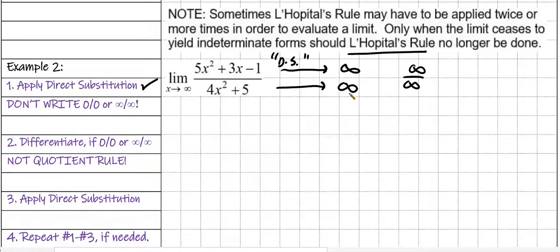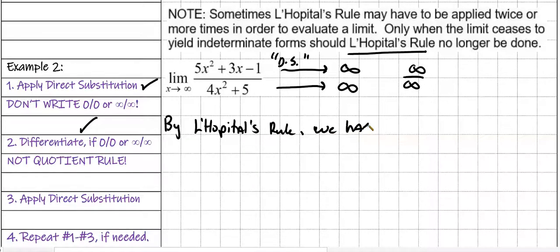Apply L'Hopital's rule. So differentiate. So tell the reader what you're going to do. By L'Hopital's rule, we have, now take the derivative of the numerator and denominator and make sure that you're not using the quotient rule.